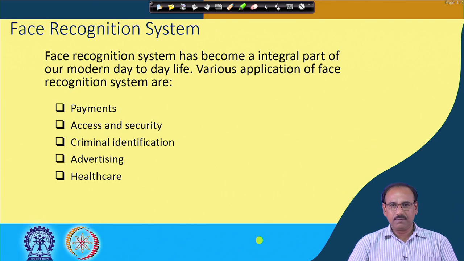But won't it be better to improve upon the security, so that in the ATM machine we have a camera that will take an image of your face when you stand in front of it, and then your face image will be matched with the image which is already there in the database of the bank.